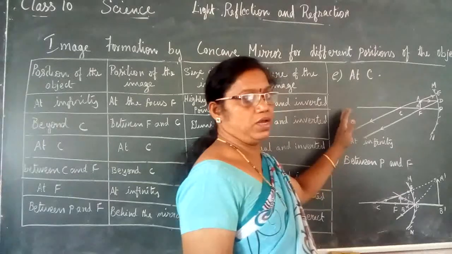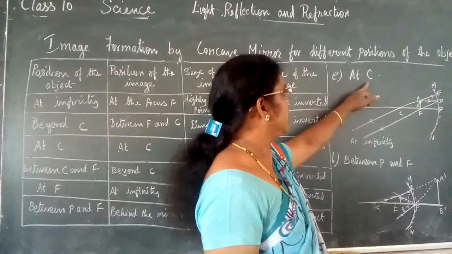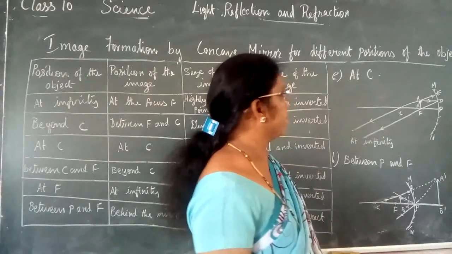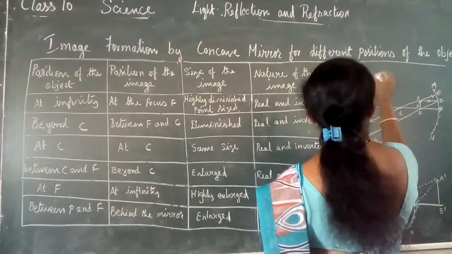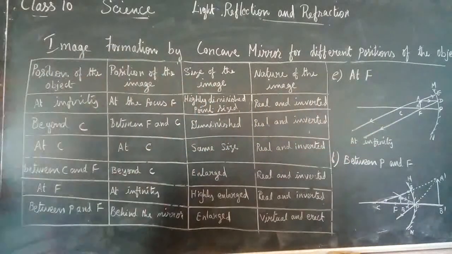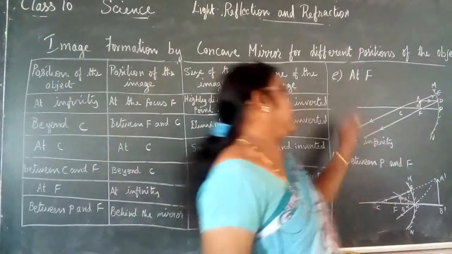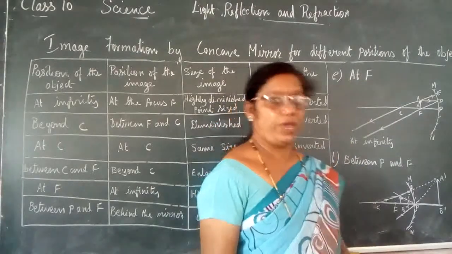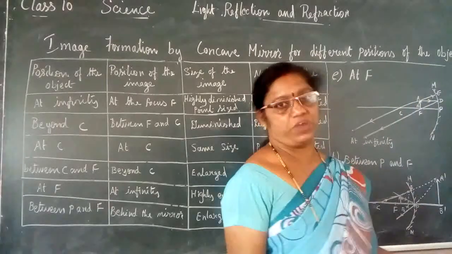This figure shows that the object is kept at C. This figure shows that the object is kept at F. So when the object is kept at the focus, what type of image will we get?